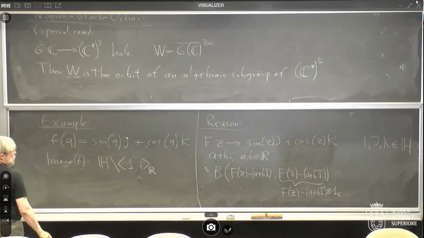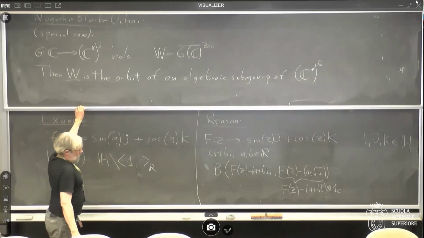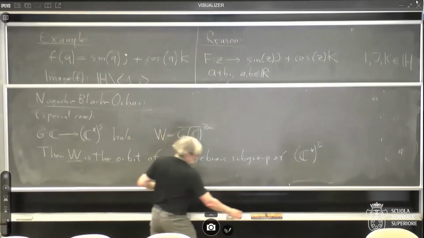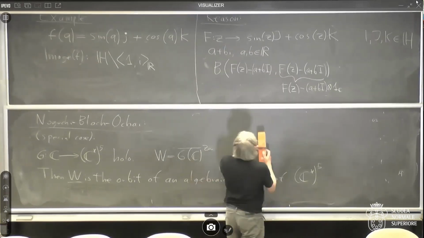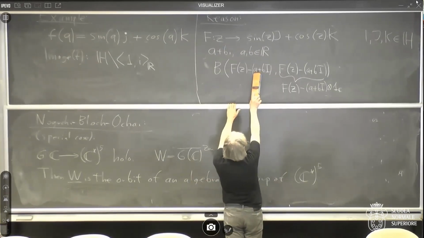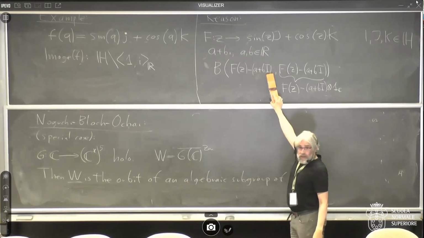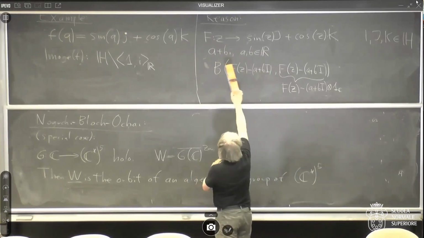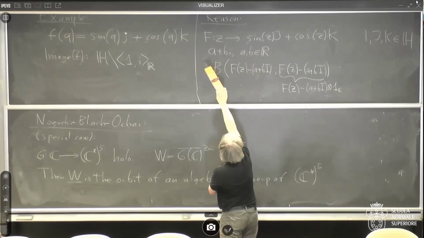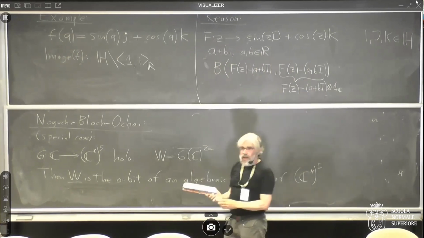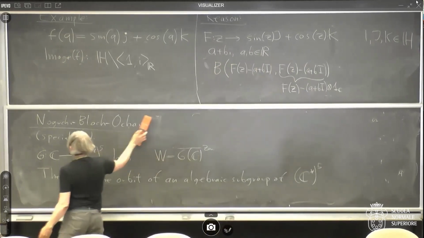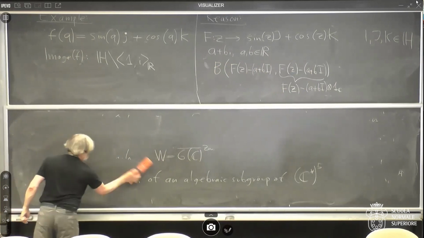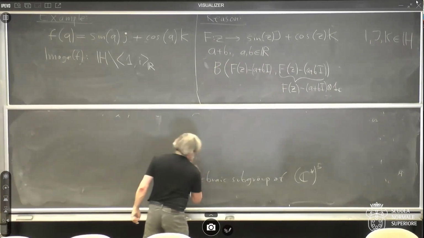But the crucial point is now that here we have the 1 and I, and in the function big F we have J and K, and these are transversal vectors inside of the space of quaternions.